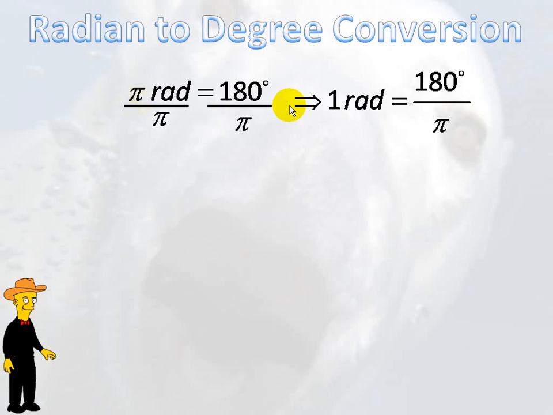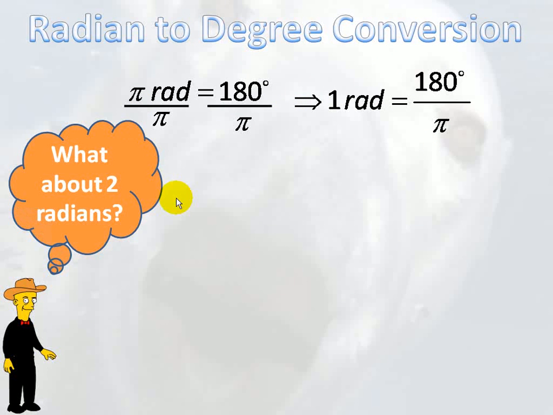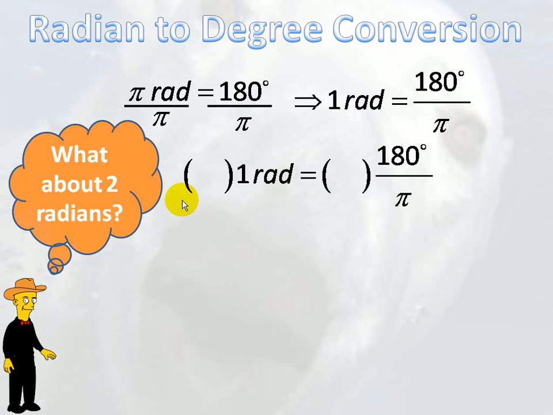Since we have this relationship, we can answer the question, what about 2 radians? I multiply both sides by 2, and we get 2 radians equals 360 degrees over pi.